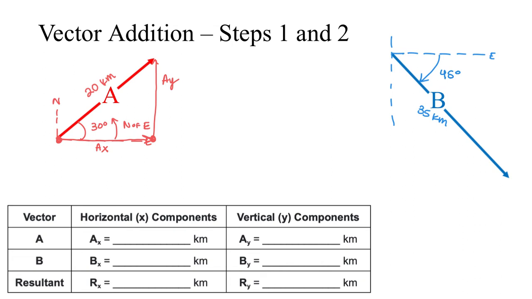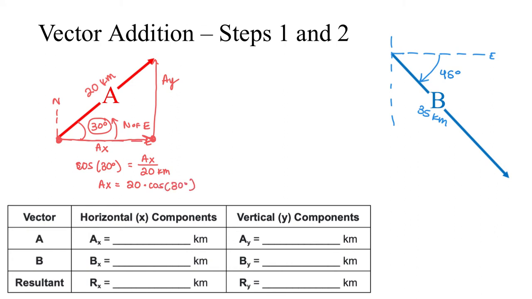A sub x, I know, is the adjacent side to the angle that I was given. So that means that cosine of 30 degrees is equal to A sub x over 20 kilometers, right? This will be cosine, the adjacent side over the hypotenuse. That means that A sub x is equal to 20 times cosine 30 degrees.